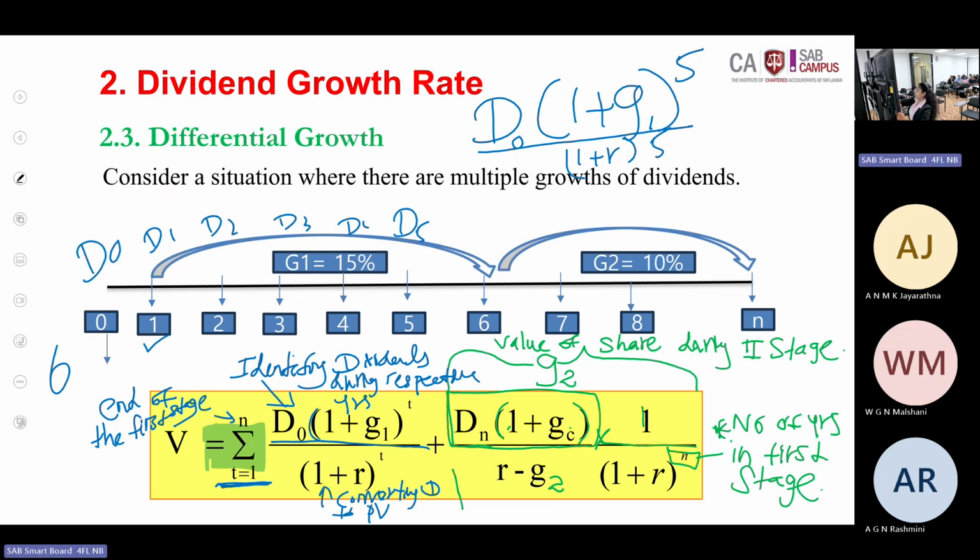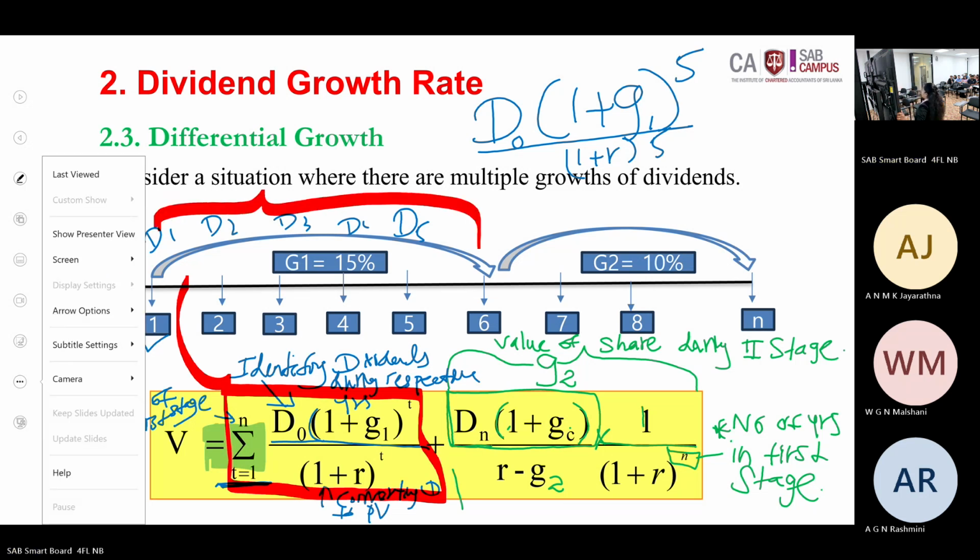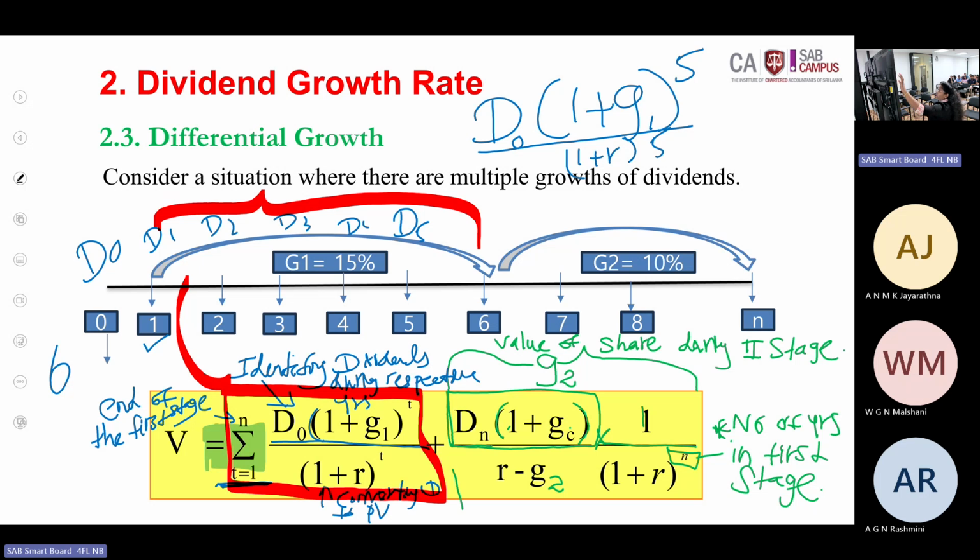Stage number 1. This shows starting from here. This is the stage number 1 value, or the value of the share in the first stage.